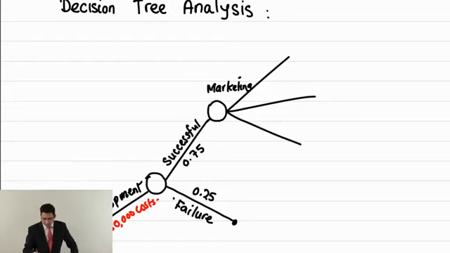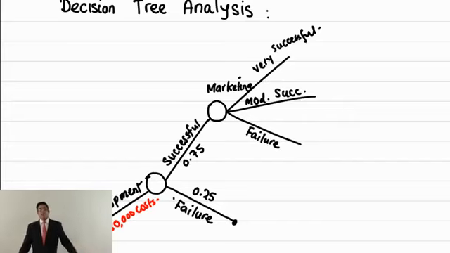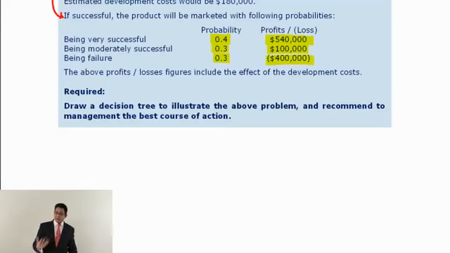One is it is very successful. It is moderately successful. And if we are unlucky, our marketing may fail as well. People may not be interested in our product. Okay, so any hopes and any risks.